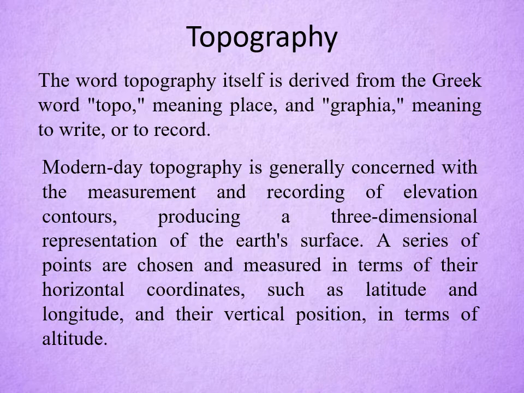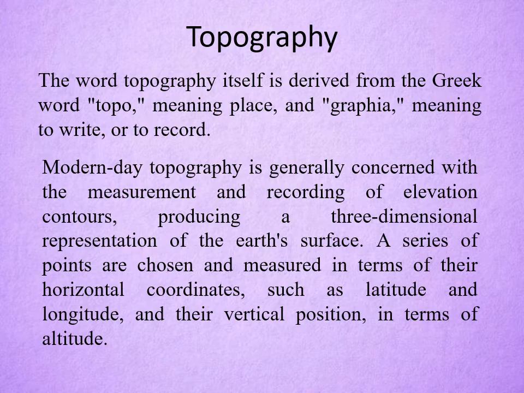Now, if we try to summarize or define the term topography, then topography is the study of the shape and features of the surface of the earth and other observable astronomical objects, including the planets, moons, and asteroids.